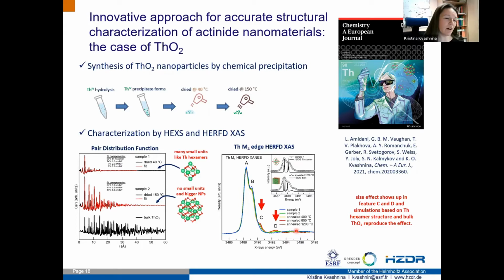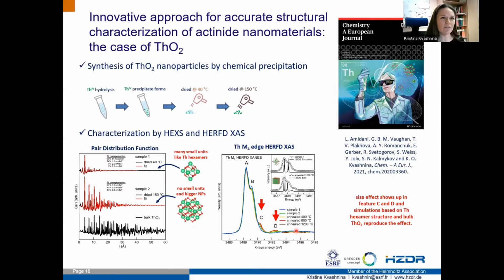We thought our particles were quite small, maybe 2 nanometers, but the experimental data showed they are much smaller. Even with small nanoparticles, Lucia immediately realized that the fit could not be done, so it's definitely a mixture of different particles. Then she tried different structures and found a mixture including small clusters, hexamers.